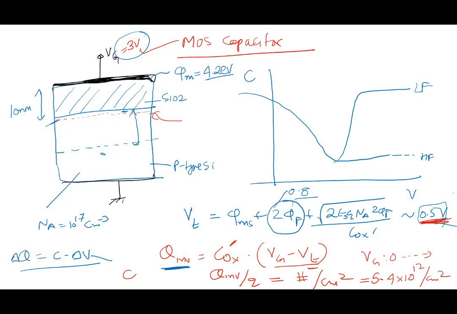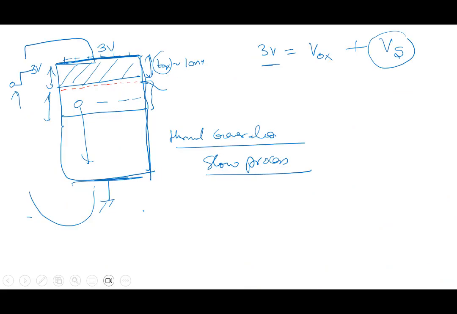But when there is no inversion charge, the entire drop of 3 volt goes across the semiconductor. So the depletion region is also larger. The depletion region at t equal to 0 is here. But then as the inversion charge forms, the drop in the oxide increases and the depletion region starts reducing and eventually comes to the equilibrium value.